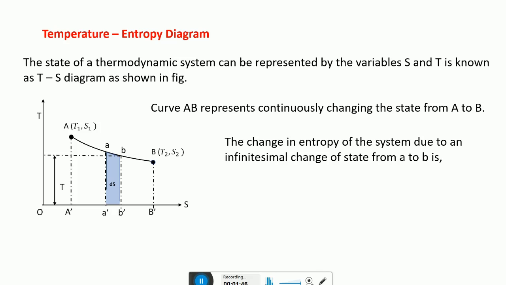The change in entropy of the system due to an infinitesimal change of state from small a to small b is given by dS equal to dQ by T, where dQ is a small amount of heat given to the system at temperature T. From this relation, we can say that dQ, which is equal to TdS, represents the area of the strip A, B, B dash, A dash.